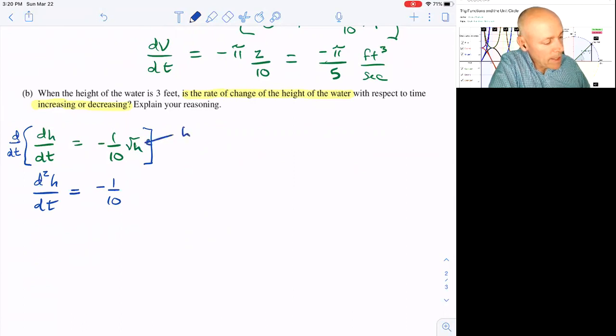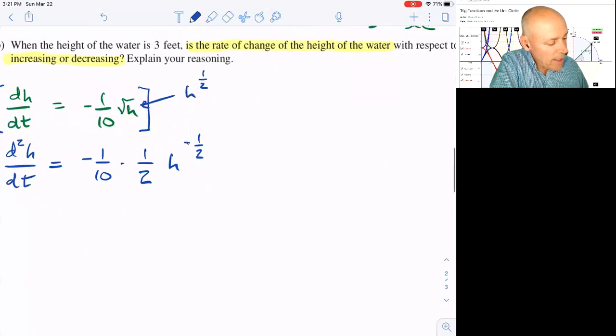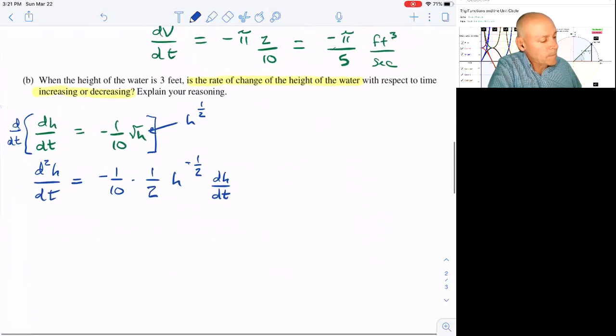Think of that as h to the 1/2. So it's negative 1/10. If I just do the power rule on this, that's going to be times 1/2 h, and if I subtract 1 from that, I get h to the negative 1/2. Then I have to remember times dh/dt. I have to remember chain rule on that.